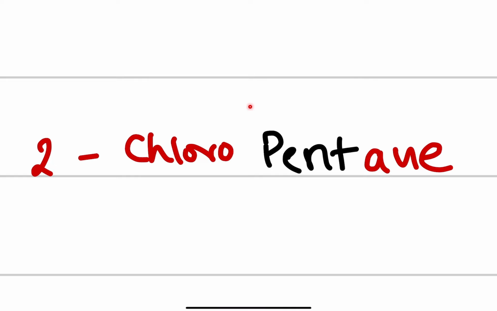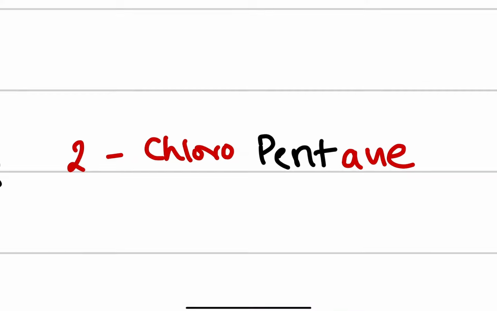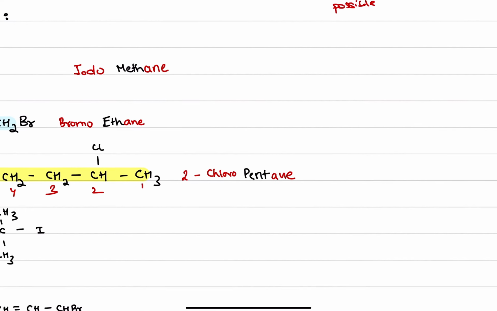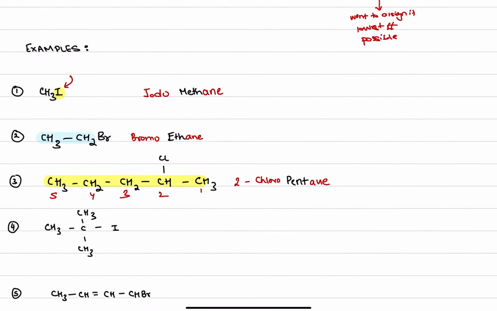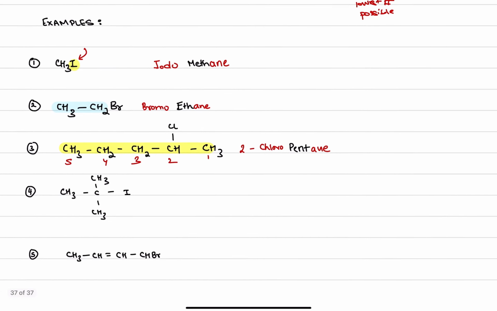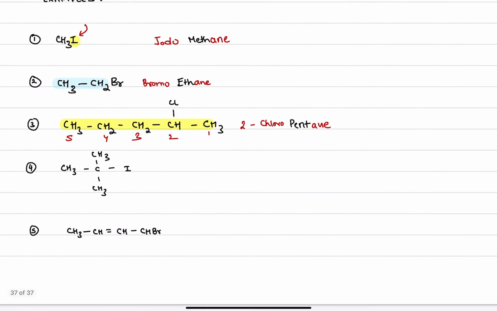The person knows it is a pentane, so we are talking about C5s, and it's a haloalkane, so all of the bonds are C-H except for this one right here. We have 1 chlorine attached as well, and it is attached to the second carbon in this chain. So your naming should be descriptive enough for the person to be able to create an image in their head with the name.